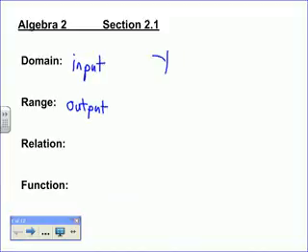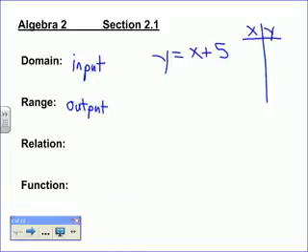Okay. Say we have a linear function, and we'll talk about what I mean by a linear function in a little bit. If we make a little table, these are our inputs, these are our outputs.